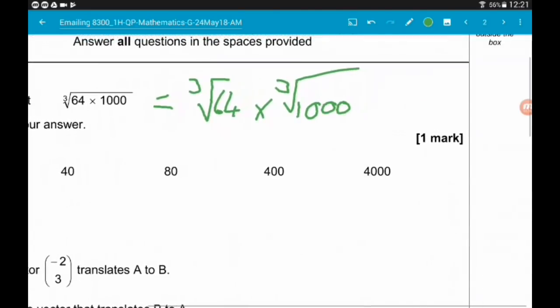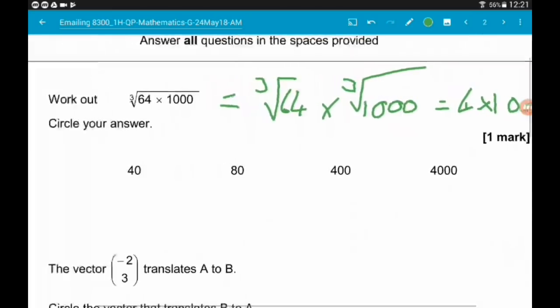Now the cube root of 64 is 4 and the cube root of 1000 is 10. So we've got 4 times 10, so we get 40.